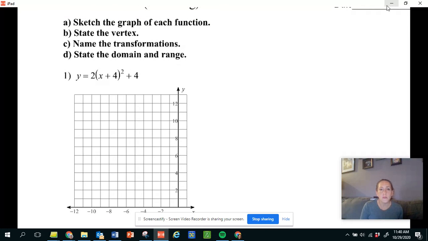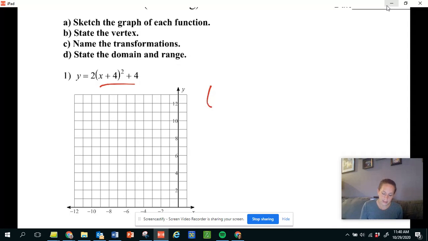First off, when doing transformations, I always say it's good to start with the vertex. So when pulling the vertex out, you're using these two numbers, and you want to flip the sign of what's in parentheses with x.